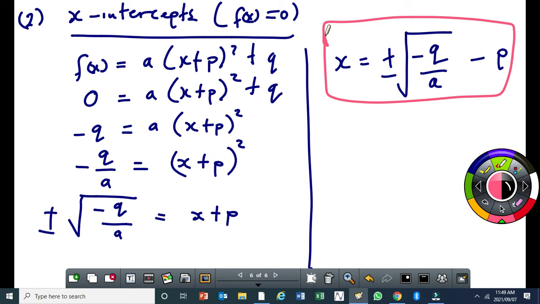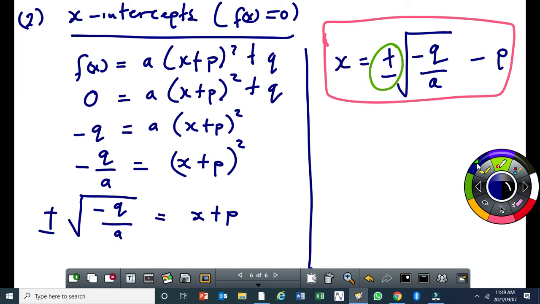Be aware that because of this plus or minus, it's an indicator that we are supposed to have two. So whenever you're asked to determine the x-intercept, you can use that equation, that is if the equation of that quadratic function is given in the turning point form.